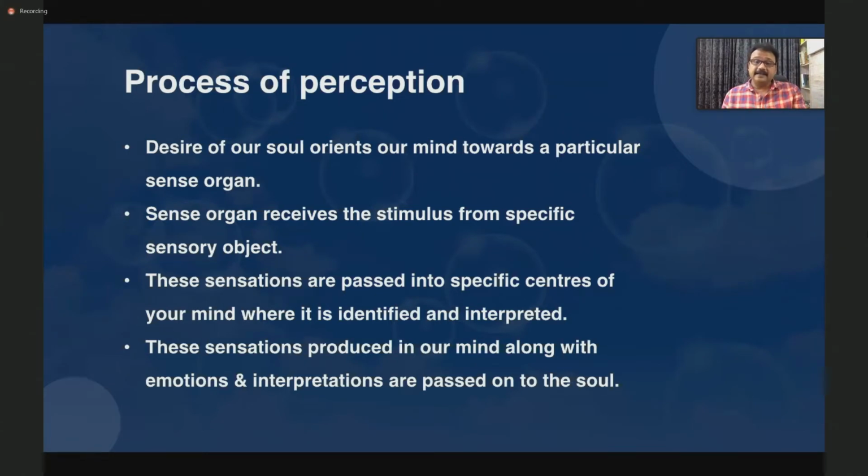And it is this impression, along with your emotions, your previous experiences, your interpretations, your state of mind, which is mixed with this sensation, that is passed on to your soul. This is how you as a knower know about something.